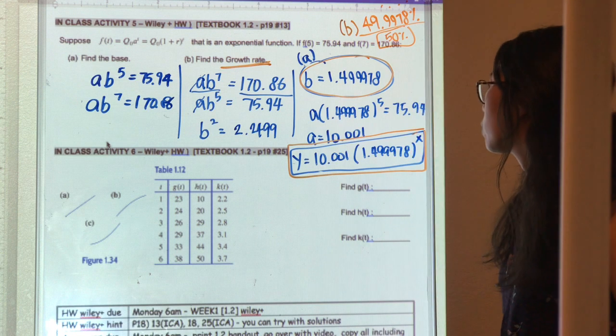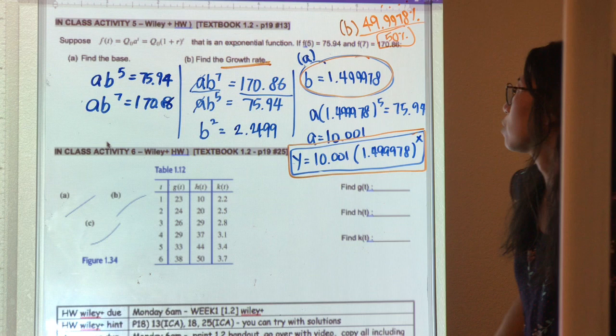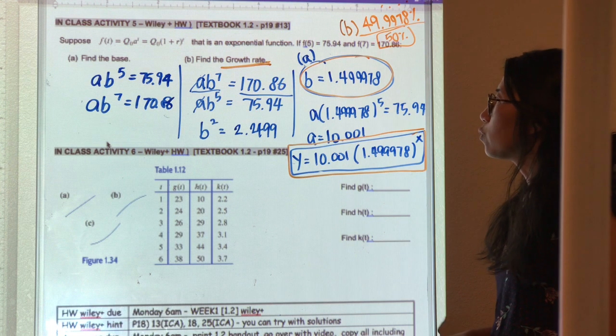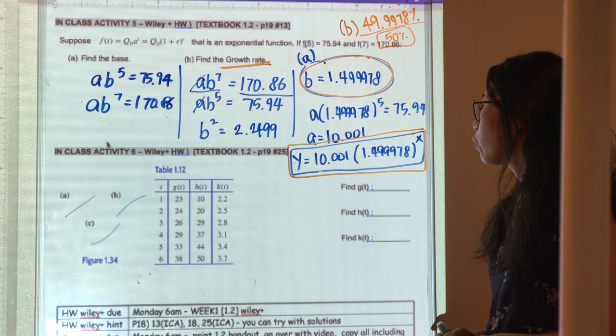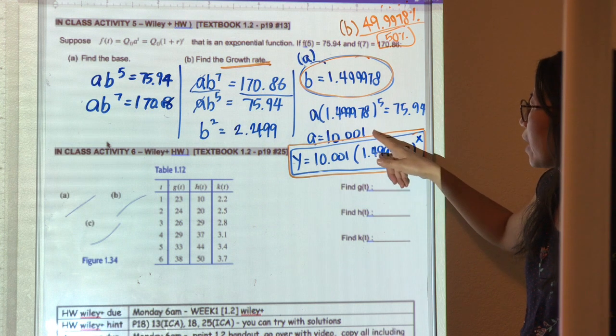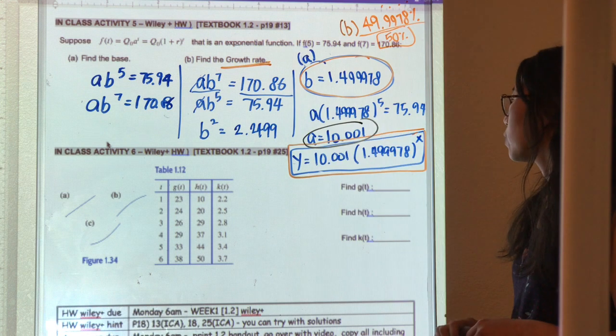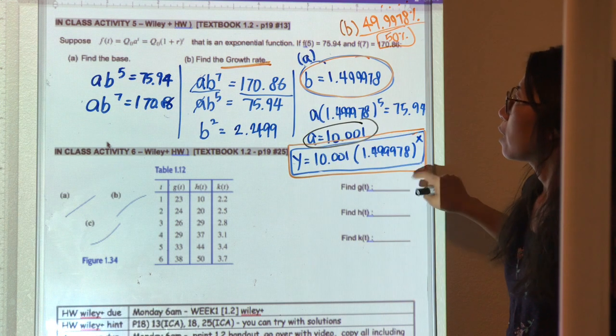You could round it up to 50%, but as you see, I probably don't like to in this case, so keep it this way. For those who want to find the equation all the way through, plug in the b value, find the a value in here, and then your equation will be shown as the highlighted part.